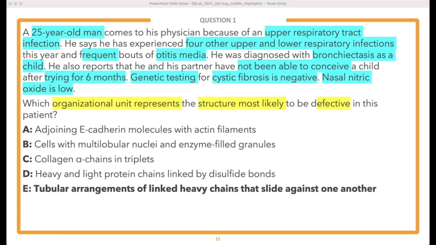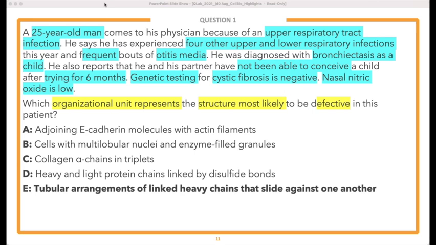Answer choice C, this would be getting at collagen alpha chain, so a defect in collagen structure, and that could cause something like osteogenesis imperfecta or Ehlers-Danlos, but hopefully you're able to see there's not a lot of connective tissue issues in this patient. Answer choice B, this is getting at neutrophils, so a neutrophil disorder, okay? So maybe an immunodeficiency with neutrophil disorder like chronic granulomatous disease, but again, also wouldn't have infertility issues.